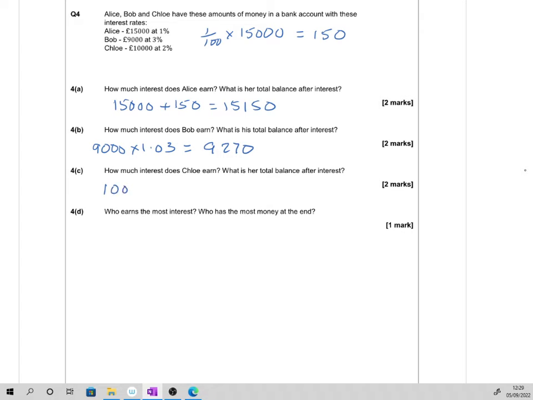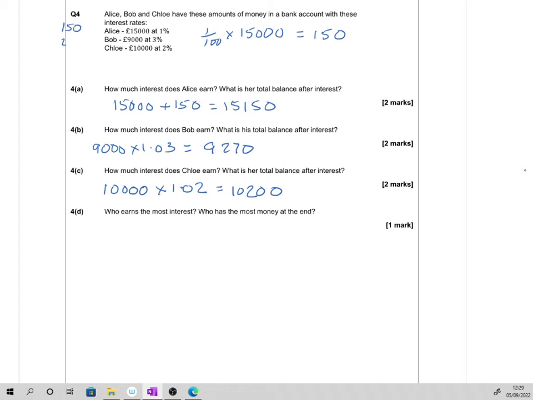And Chloe is 10,000. Wow, she's loaded. Chloe times 1.02. 10 times 1.02 is 10200. Who earns the most interest? Who has the most money at the end? Right, the most interest is 150.